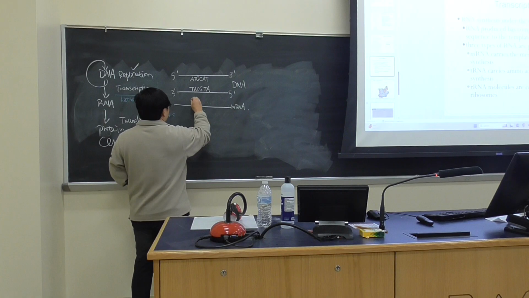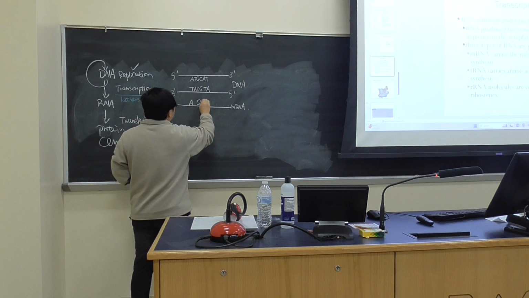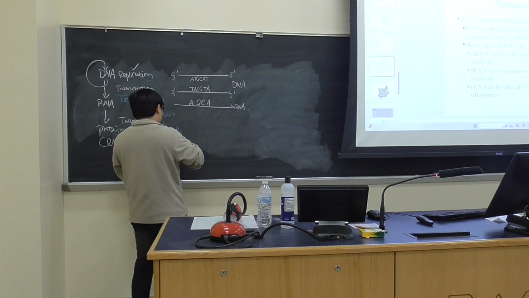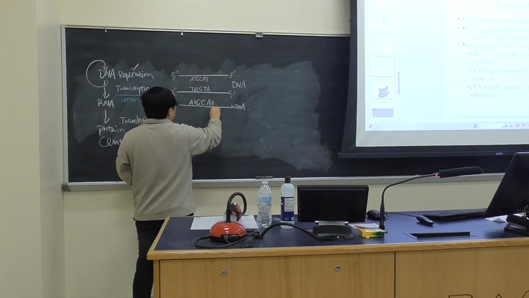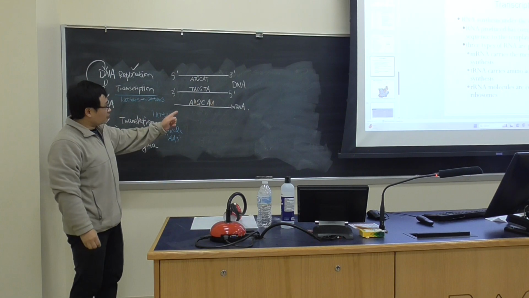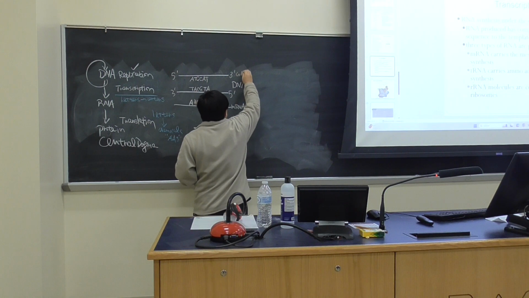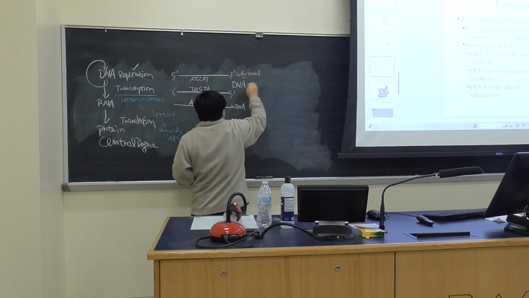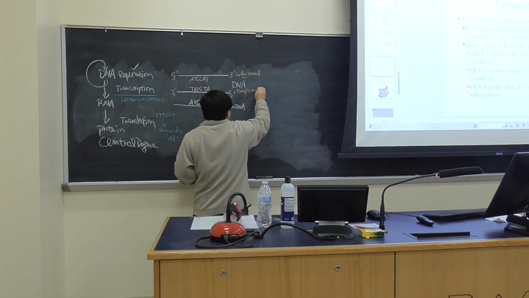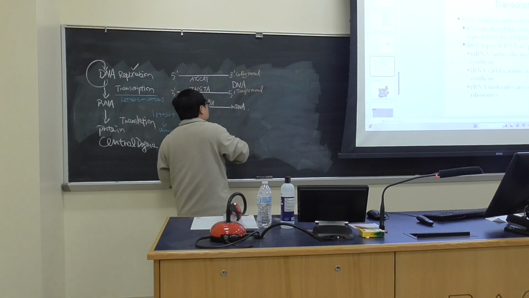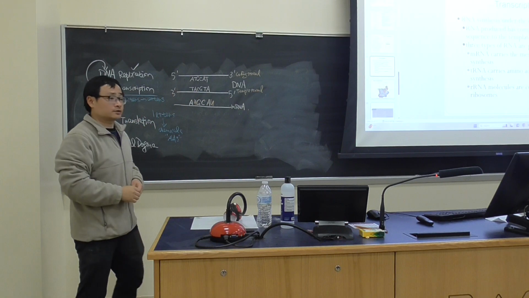So A, U, G, C, A, U. The only difference is this is U, this is U. Therefore, this DNA strand is called the coding strand, and the other one is the template strand. And this is the mRNA produced through transcription.